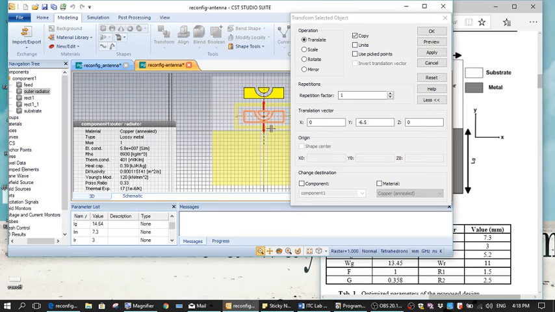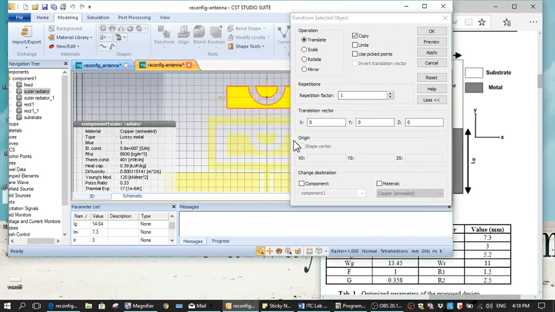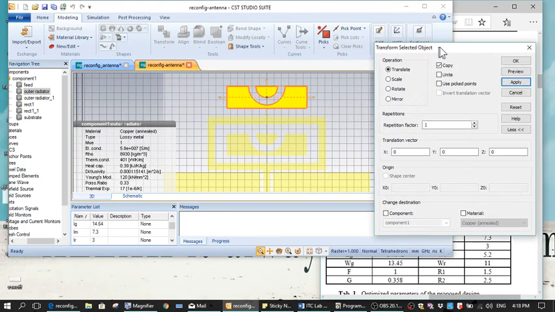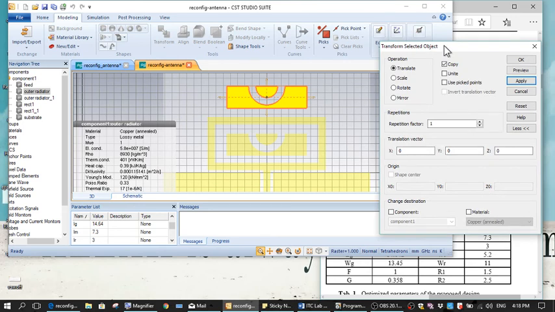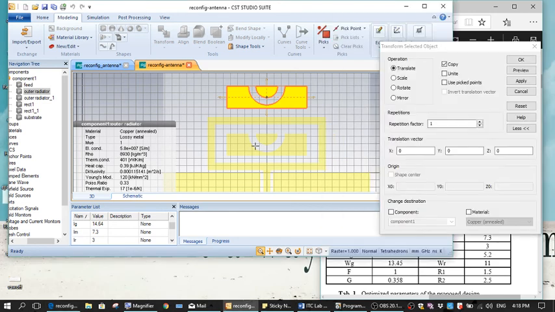Well, that's fine. Let's apply and zoom. How it should look: this distance is less than this distance, so it should be moved upwards.